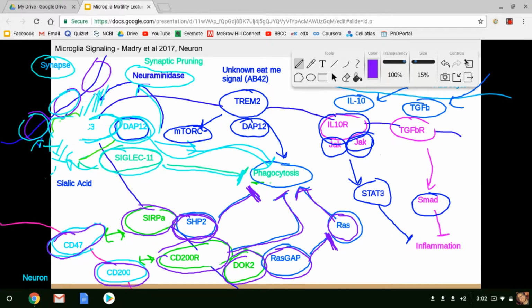And lastly, we have two anti-inflammatory cytokines that get released by astrocytes, most notably IL-10 and TGF-beta. And they signal through the SMAD and the STAT3 signaling pathways, ultimately inhibiting inflammation. So if you have any questions about this slide, feel free to ask, but these are a couple of the really important pathways that are currently being investigated in neurodegenerative disorders.